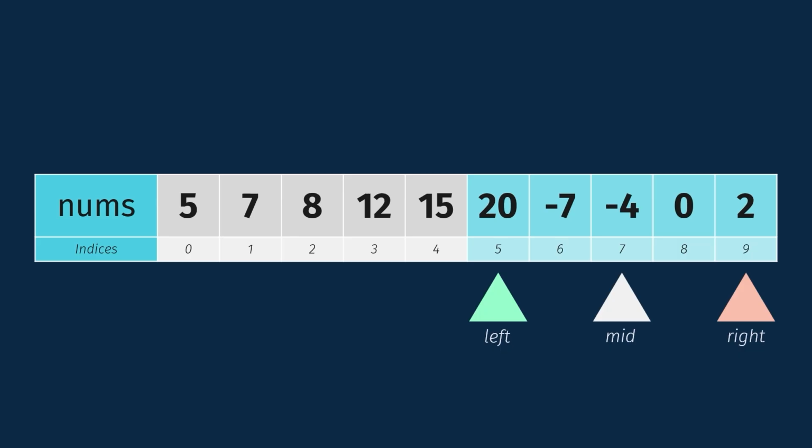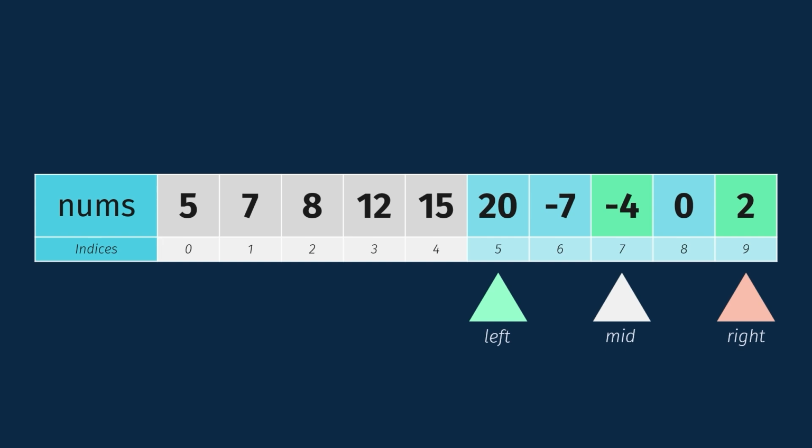Alright, let's compare nums at the index of mid with nums at the index of right. Is minus 4 greater than 2? Nope, it is less. Now what does this mean? When the middle element is smaller than the rightmost element, it tells us that the entire section from mid to right is already sorted properly.